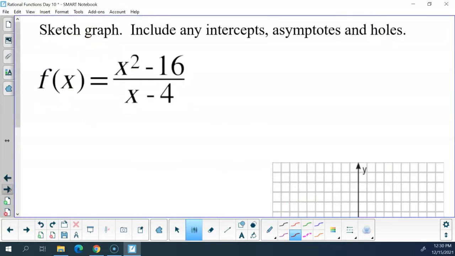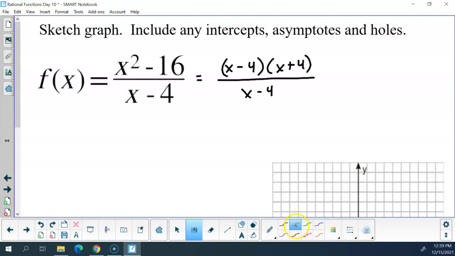Good time. All right, so we got a factor at the top. So these cross out. Okay. So my domain is all real numbers, but x cannot be 4.